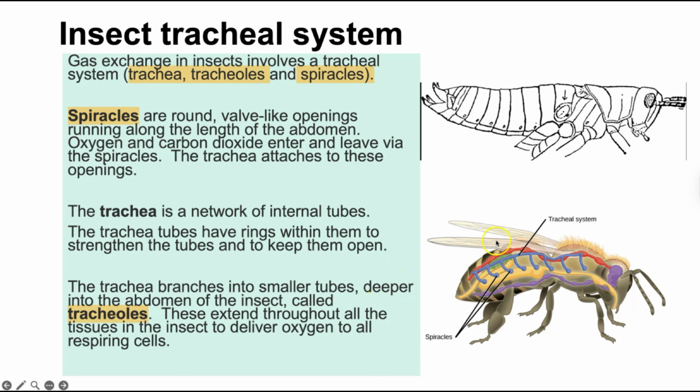And then the trachea branch into tracheoles, and these are much, much smaller tubes that are going to reach the abdomen of the insect. And they extend throughout all of the tissue in the insect to ensure that oxygen is delivered to all respiring cells. So those are the three key structures.